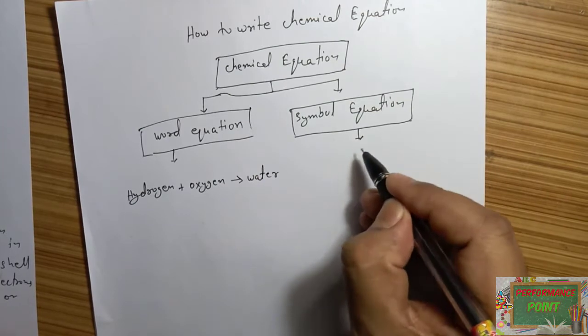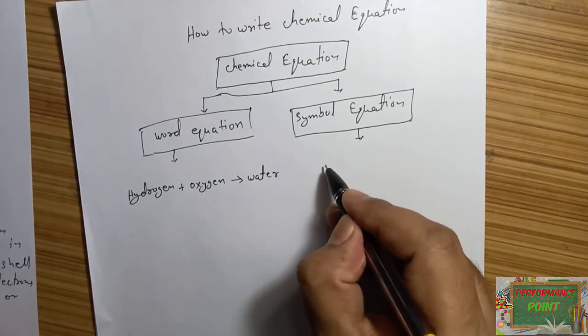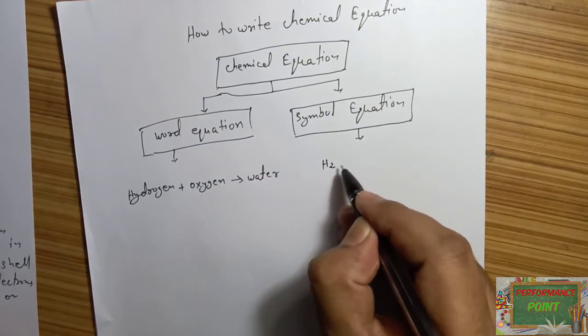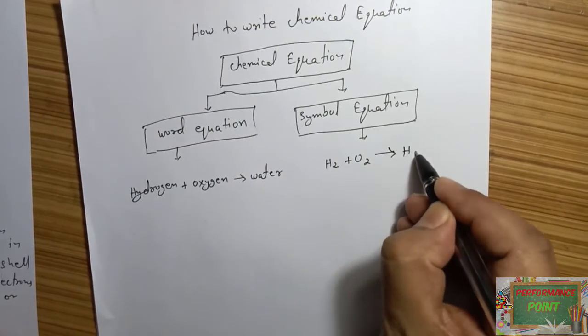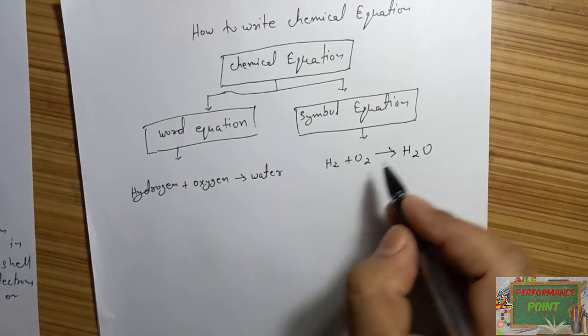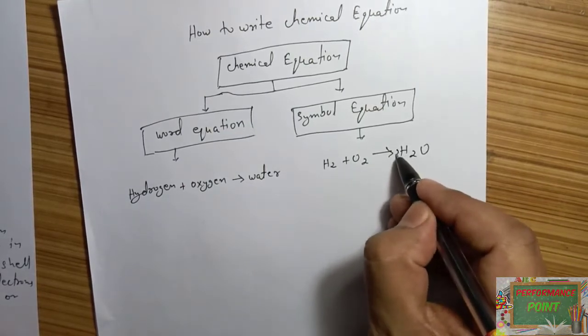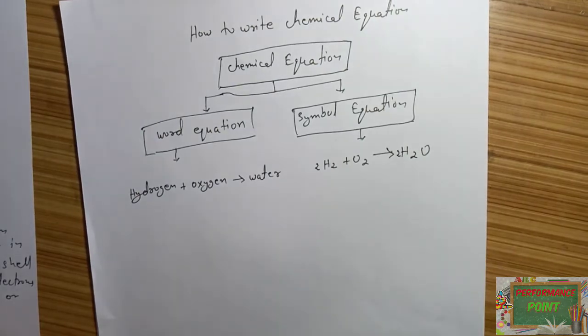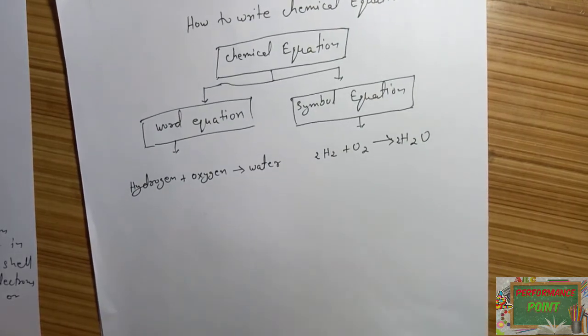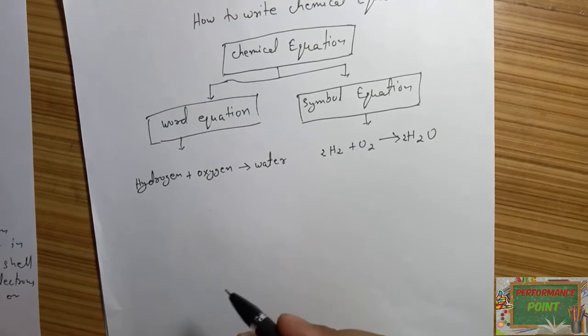Similarly, if we write it as a simple chemical equation, we write H2 plus O2 gives us H2O. Alright, we need to balance it, so let's do 2H2O, and we put 2 here. So this is the balanced chemical equation. The next part is balancing.